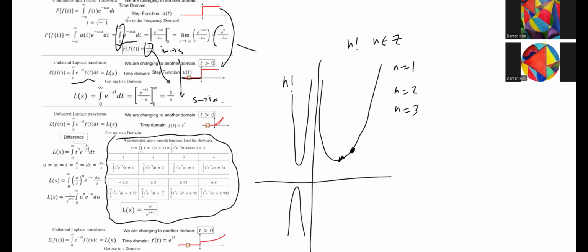So 1, 2, 3, and you interpolate it with whatever polynomial you choose, and you get this function that shows you the continuous version of a factorial.